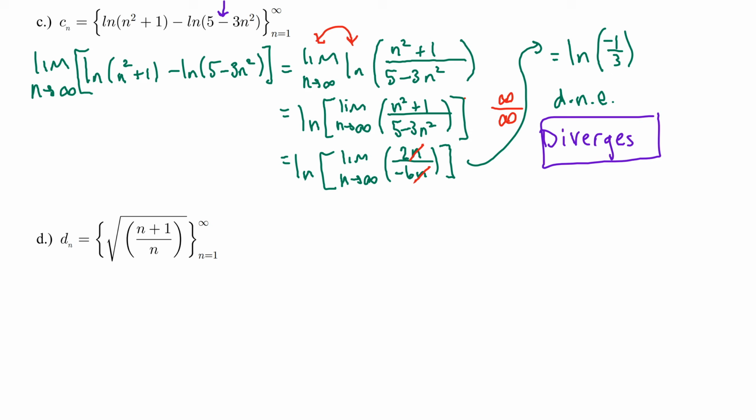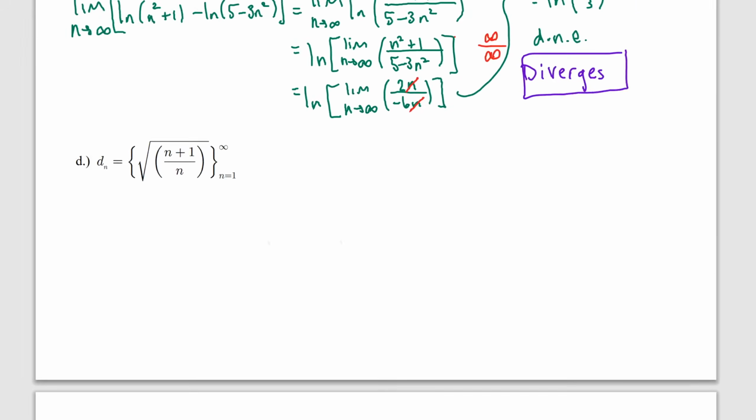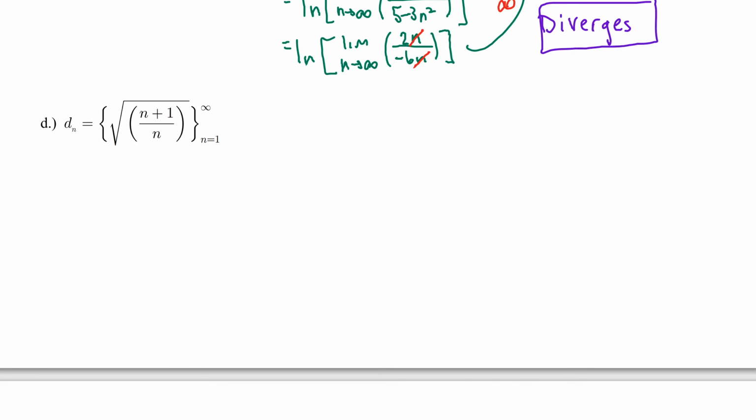One of the best things about this section is you're going to really get to practice those skills of finding limits. Like on our last example here, d sub n equals the square root of n plus 1 divided by n from n equals 1 to infinity. We want to find the limit as n approaches infinity of the square root of n plus 1 divided by n.